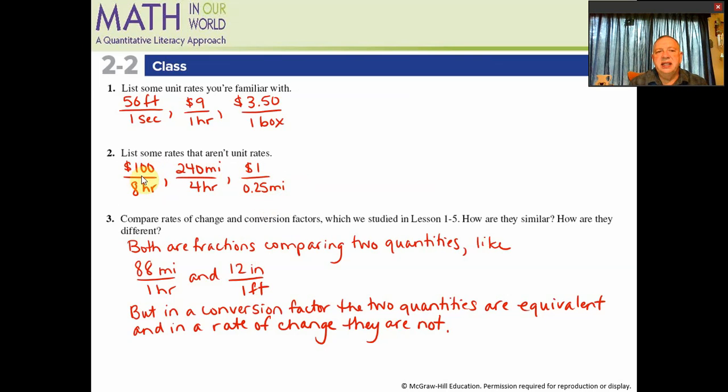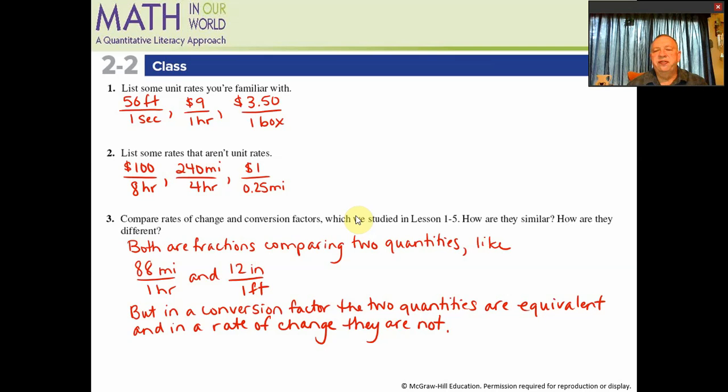But if I divide these out so that I get a per unit, 100 divided by 8, 8 divided by 8, that turns it into a unit rate. So these are rates of change, one thing per this other change.